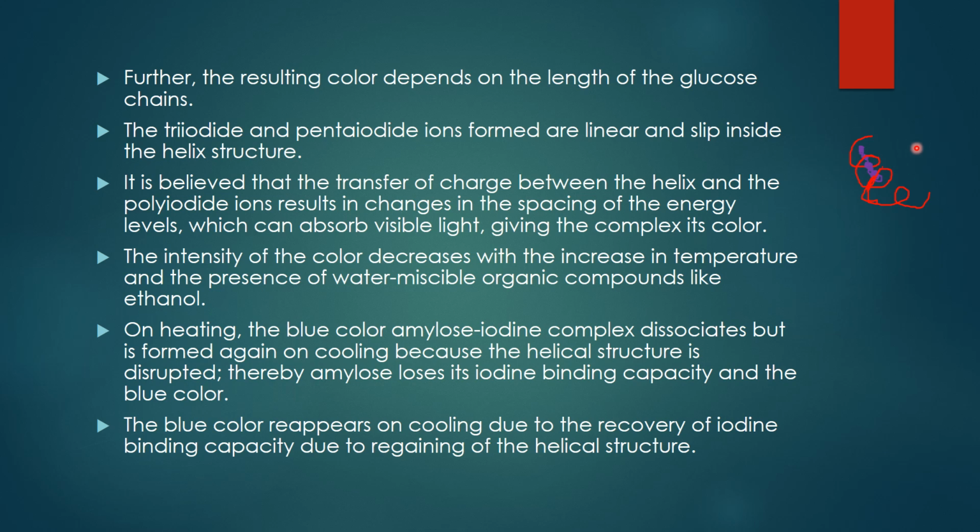Okay, it's believed that the transfer of charge between the helix and the polyiodide ions results in changes in the spacing of the energy, because the ions have a negative charge and the helix has a positive charge.